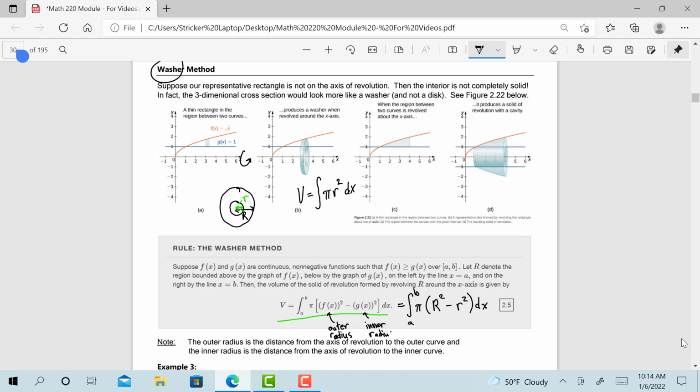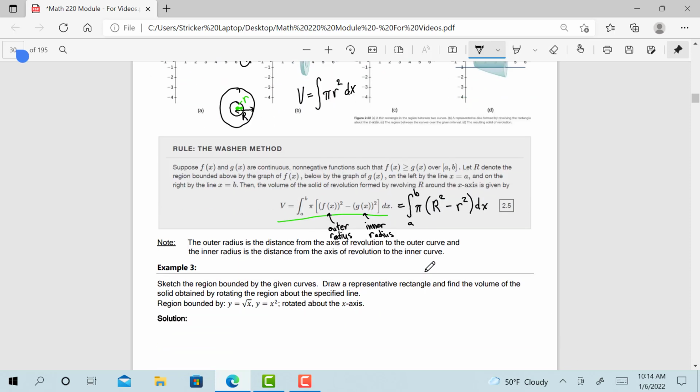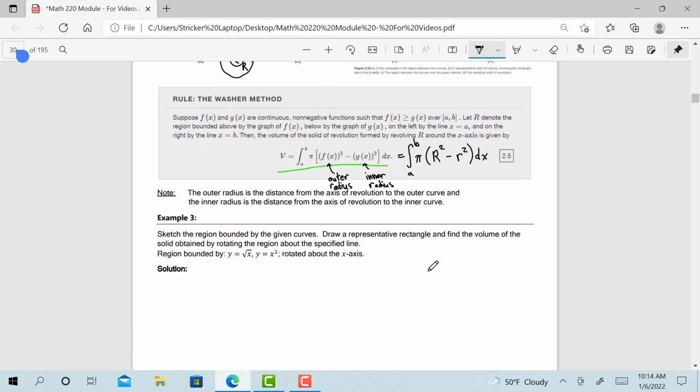Of course, to see this worked out, we need to look at a graph and think about what the inner radius and the outer radius would be. So let's do that with example 3 here. Little note there: the outer radius, big R, is the distance from the axis of revolution to the outer curve, the curve farthest away from the axis of rotation.